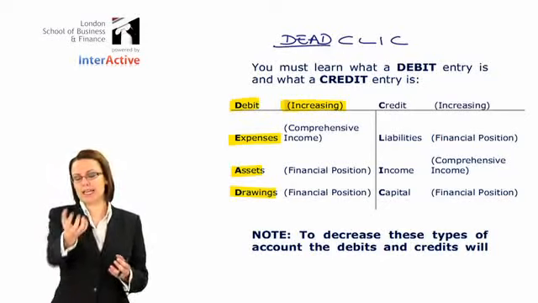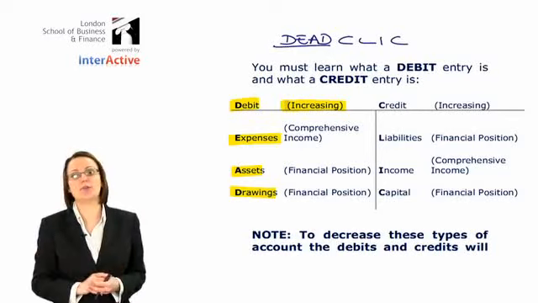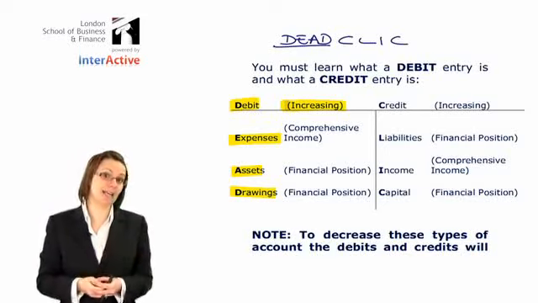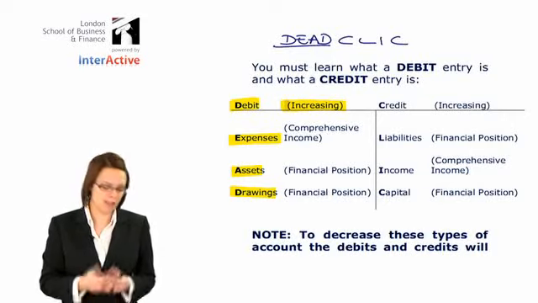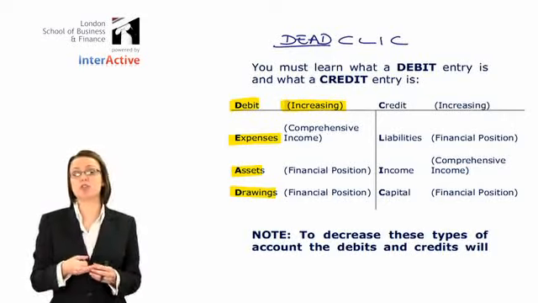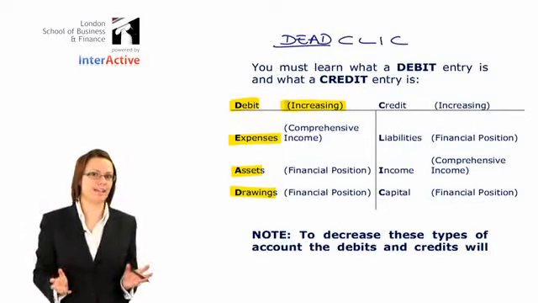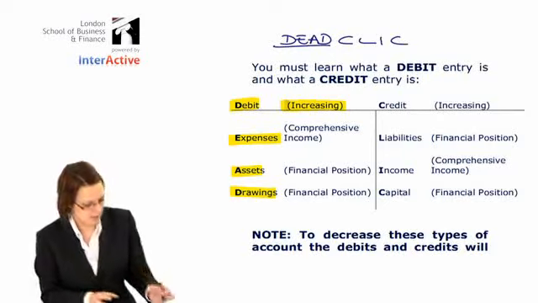Drawings are money taken out of the business by the owner, essentially a reduction in the owner's capital. That would always appear in the statement of financial position as well. So then, for increasing an asset, an expense or drawings, that would be on the debit side, that would be the DEAD. Now remember, this whole mnemonic is DEAD CLIC.